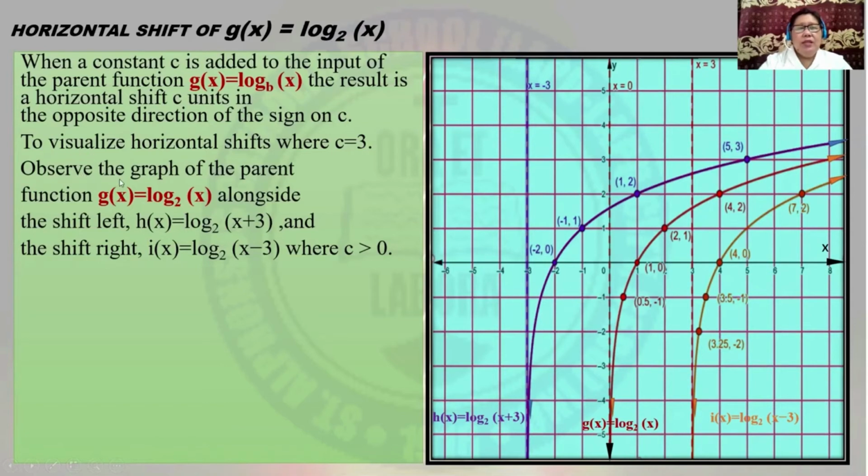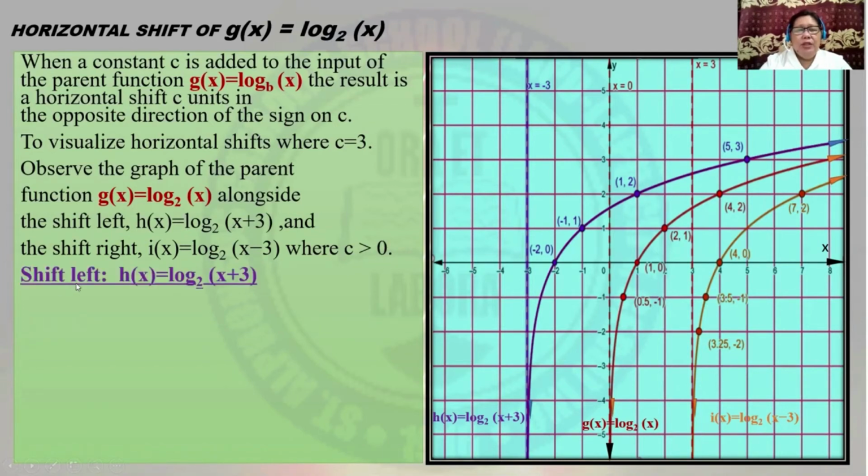To visualize horizontal shifts where c is equal to 3, let us observe the graph of the parent function g of x is equal to log x base 2 alongside the shift left, which is h of x is equal to the log of x plus 3 to the base 2, and the shift right, i of x is equal to the log of the quantity x minus 3 to the base 2, where c is greater than 0.